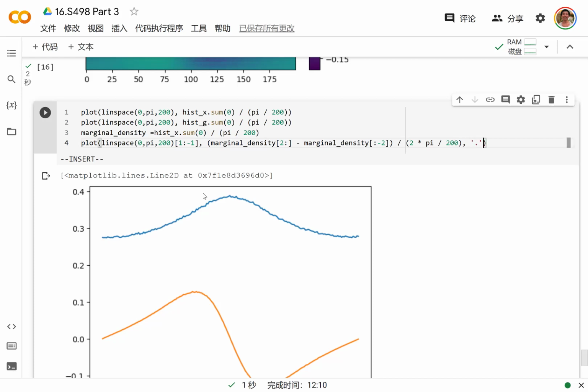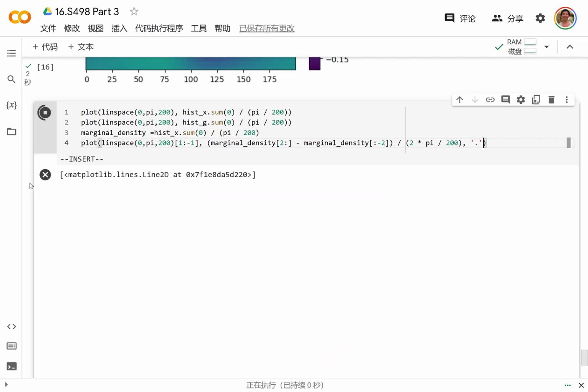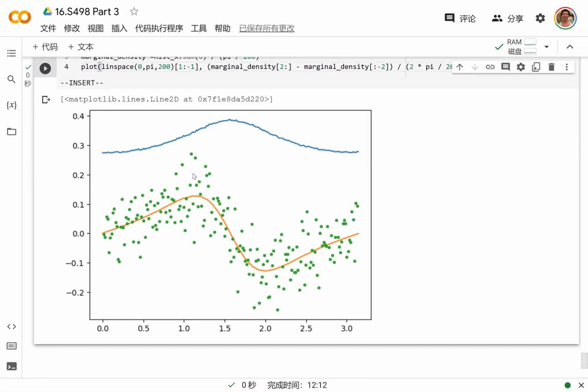Let's plot it. We should see that the finite difference evaluation kind of agrees, but the noise is a lot larger than the G we evaluated using the same amount of data.